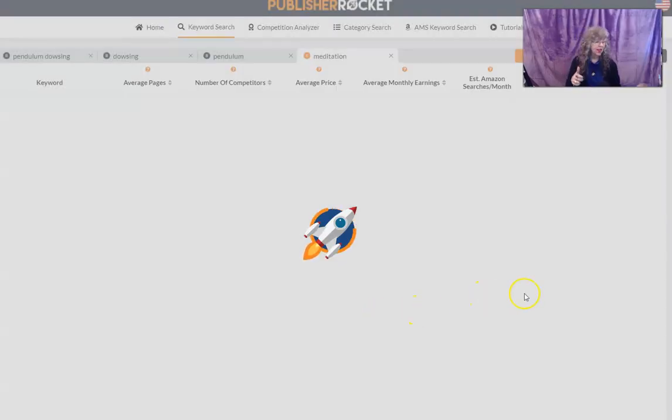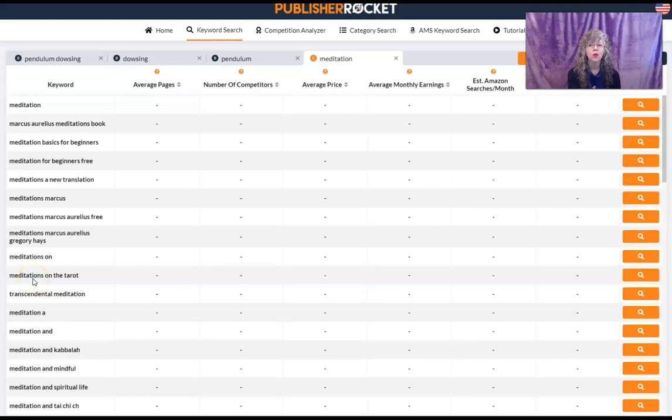Okay, and it's going to do its little thing. So inside Publisher Rocket, I looked at meditation as the key phrase that I put in there, which is just a keyword, and it gave me all of these different results, but it hasn't populated any of these things, okay?